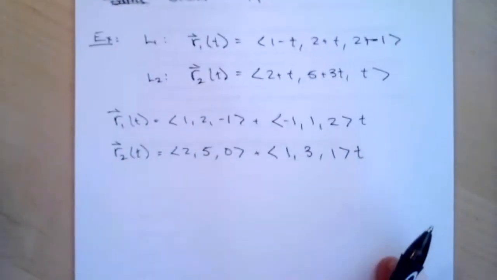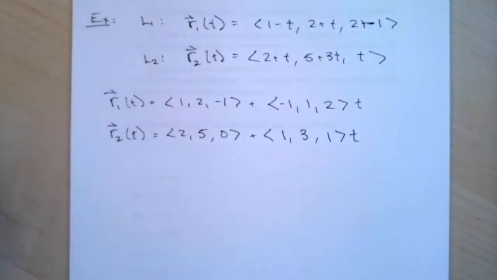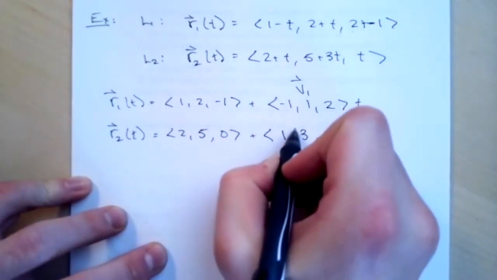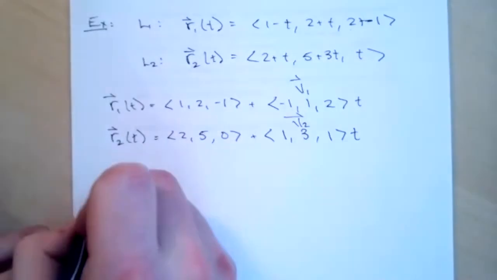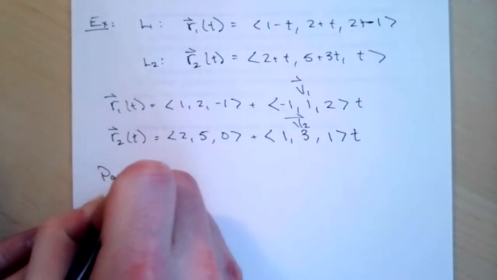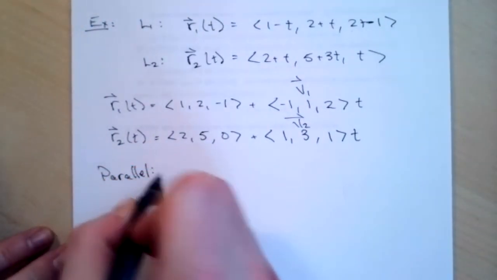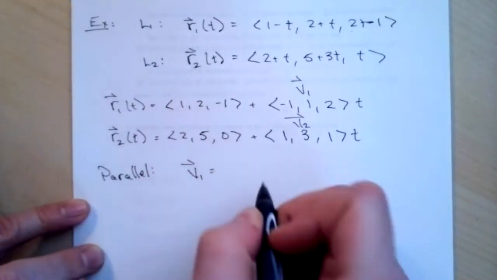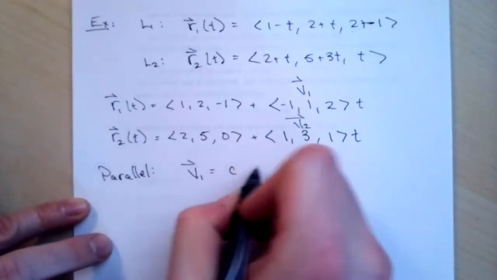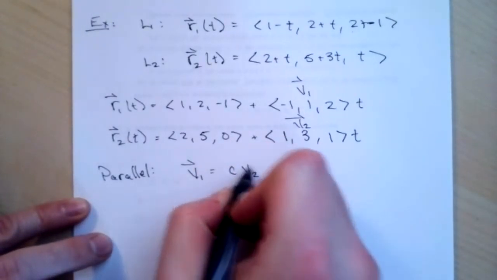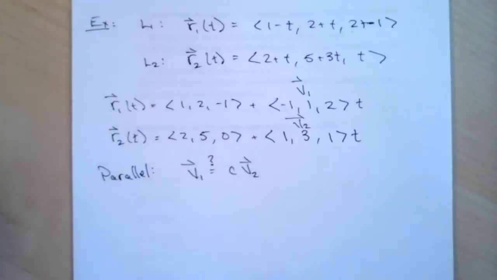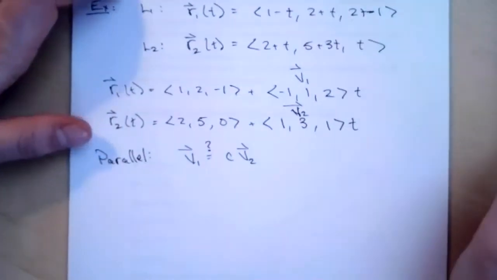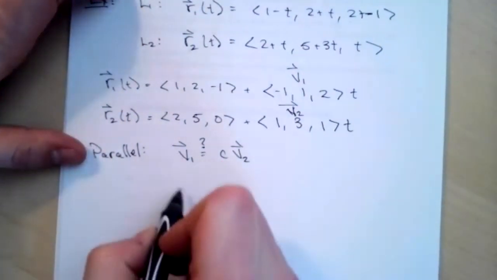So our question with this example is, well, are they parallel? Let's call these V1 and V2. If we want to check parallel, the first question we want to ask is, is V1 equal to some scalar multiple, let's say C times V2? Hopefully everyone can see, no. What would this mean?